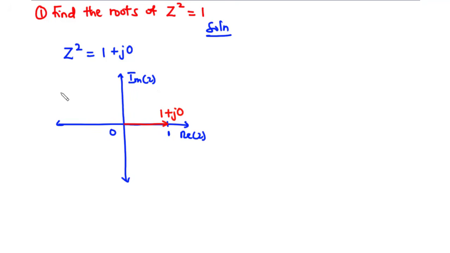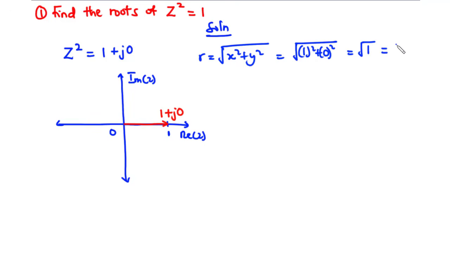So at this point, we are going to find the value of r, that is the modulus, and the angle theta or the argument. So we have r equals the square root of x squared plus y squared. We have the x component to be 1, so 1 squared plus 0 squared, and that is equal to the square root of 1, which is the same as 1. Therefore we have r equals 1.